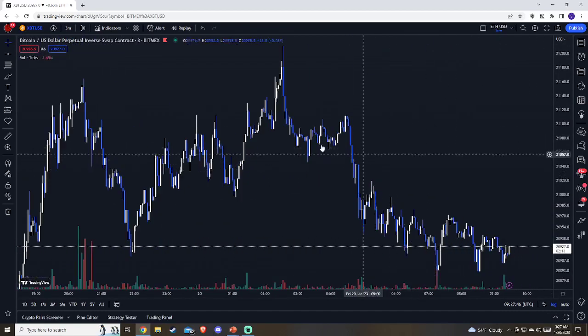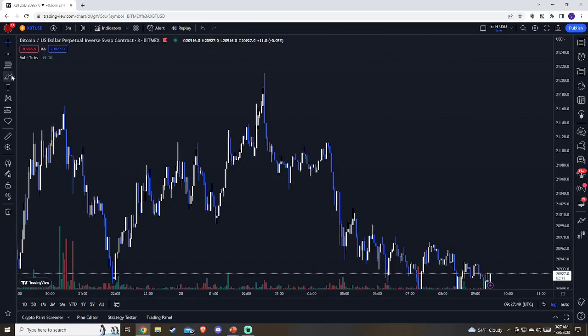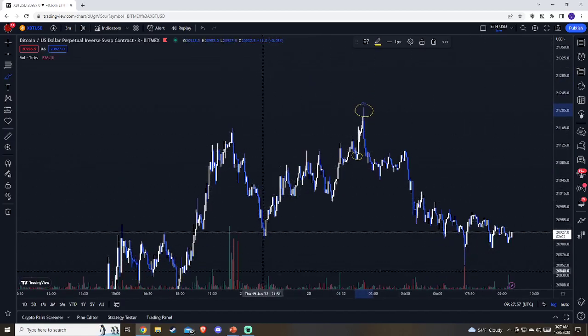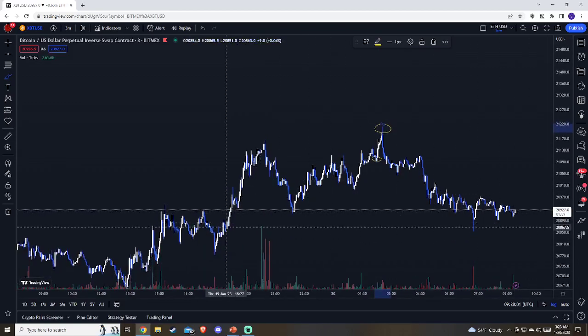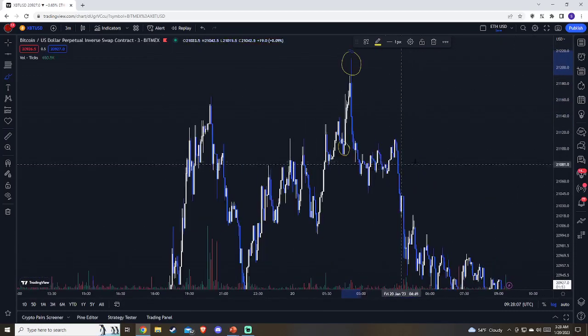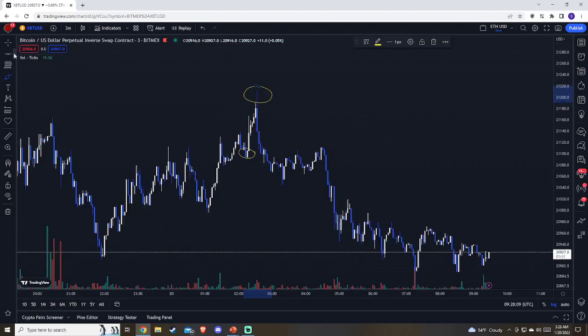It's a very simple way to do this: we want to establish the low that created the highest point in local price action. Let's look at a 24-hour period, so 9 to 9, essentially. What we've identified here is that this is the low right here that created this high.